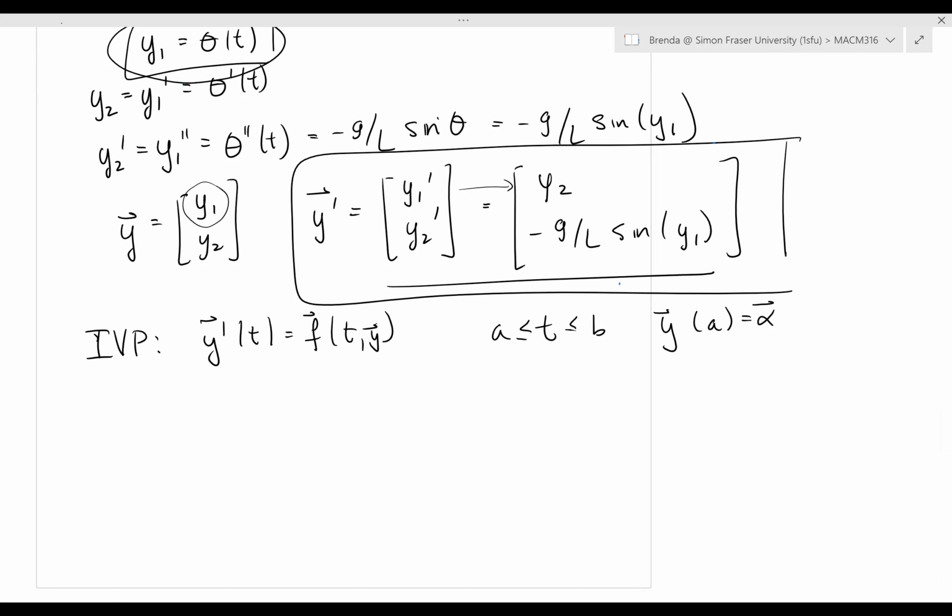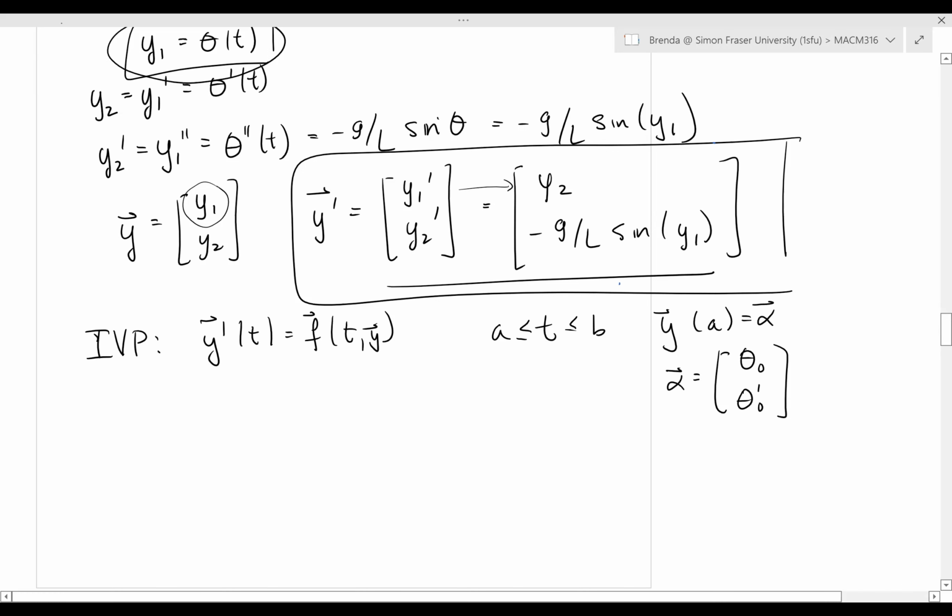In this case, our initial condition alpha is theta at time 0 and theta prime at time 0. It's a second order differential equation, so two initial conditions: the function at that time and its derivative at that time.